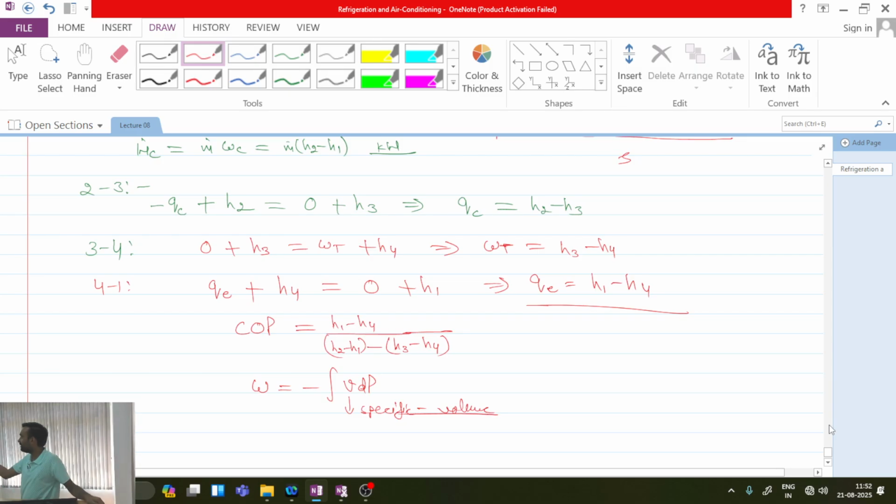Okay, so it means that, tell me, specific volume of the working fluid which is entering the turbine, it is very small. Because of this, the work done by the turbine will be very small.